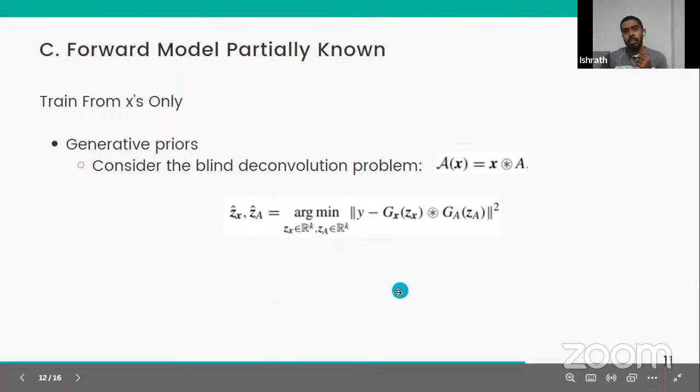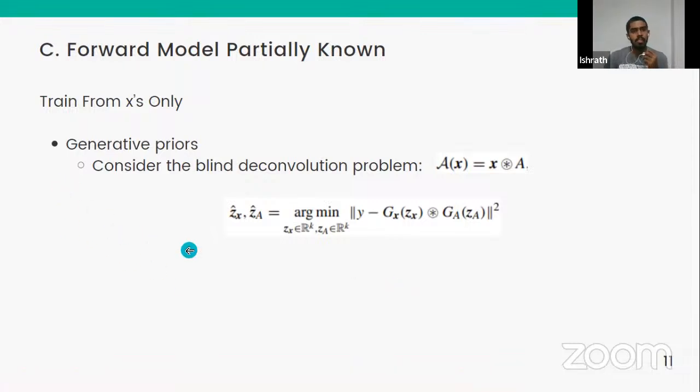One thing I forgot to mention about these kinds of generative priors is a con of this method. First of all, the generative priors are going to be very sensitive to the training data. If we train this generative model on the training set we have, it will be very overfitted to that training data.